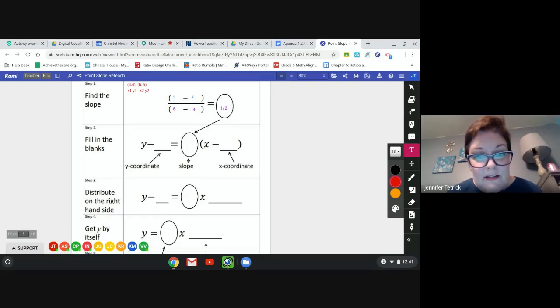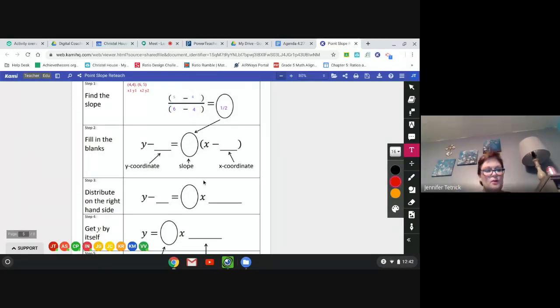Yes, I like that person. So that person drag that slope there, and somebody else start filling in this slope intercept. I don't want to see you again. We're the only ones on here.